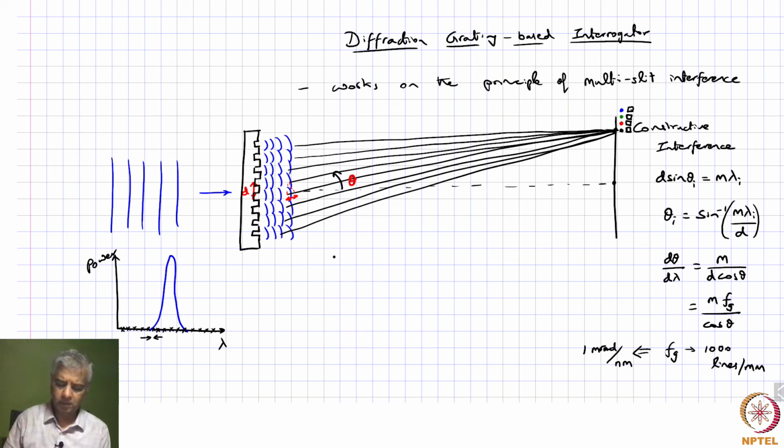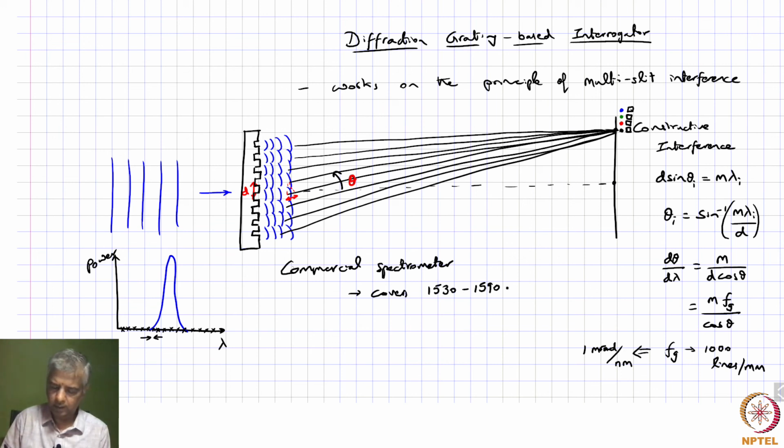So, commercial spectrometers, for example, if you consider a compact commercial spectrometer, suppose it covers 1530 to 1590 nanometers, over a spectral width of say 60 nanometers, and it uses something like, let us say, a 400 pixel CCD.